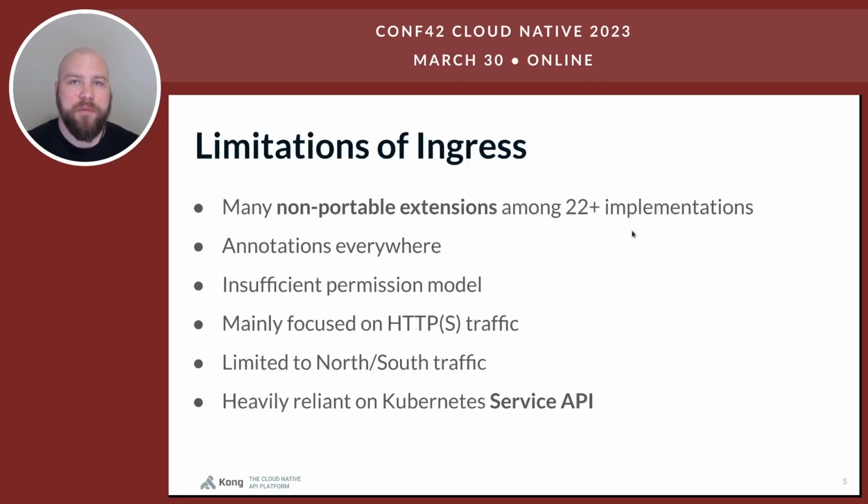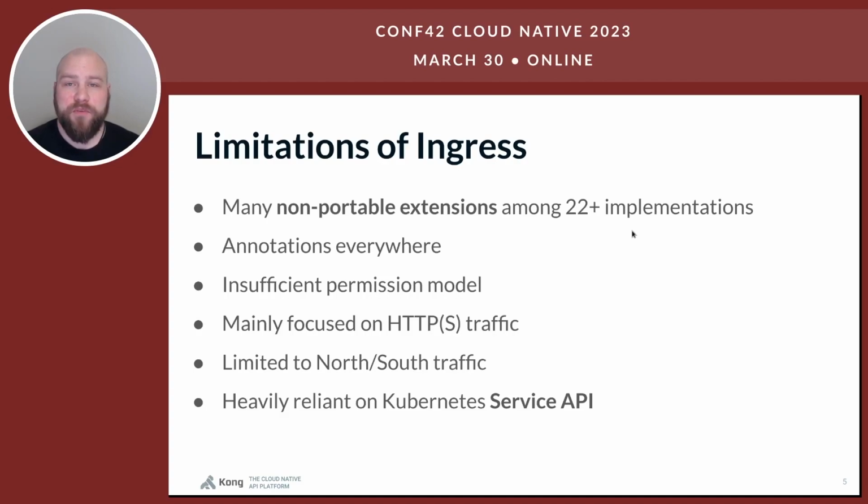But there have been historically many limitations with Ingress, things that we've learned over these years. One of the big ones was that for 22+ implementations, there ended up being a ton of non-portable extensions. Annotations ended up being everywhere, and still are. We call this the annotation Wild West, where no two Ingress controllers behave even remotely similar to one another.